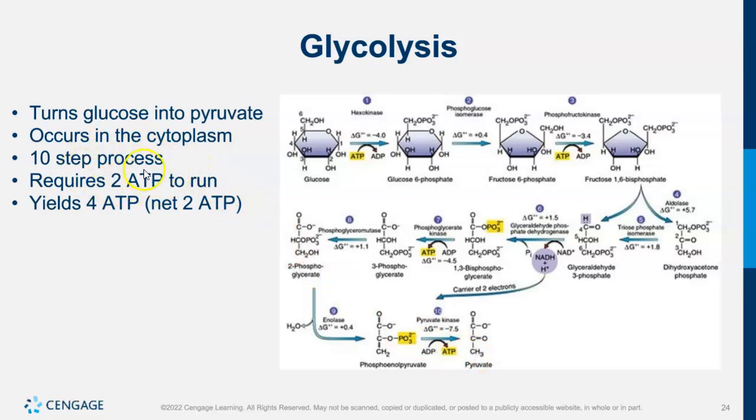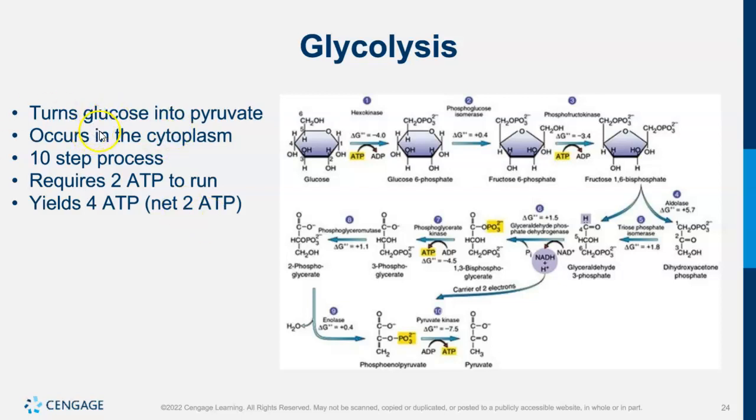This is a 10-step process, and it occurs in the cytoplasm, right? Remember, we're talking about energy metabolism in the cell, and glycolysis happens in the cytoplasm. Everything else that we see from here on out is going to happen in the mitochondria.